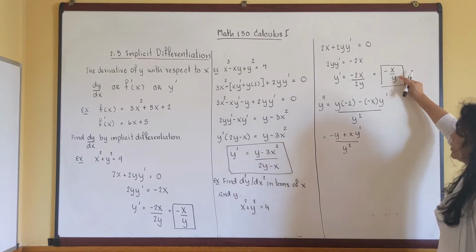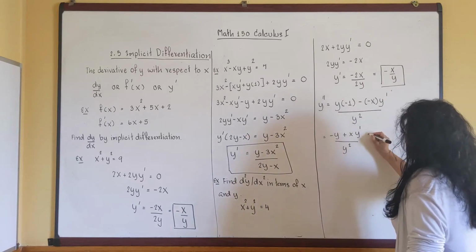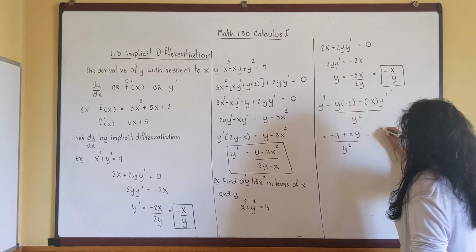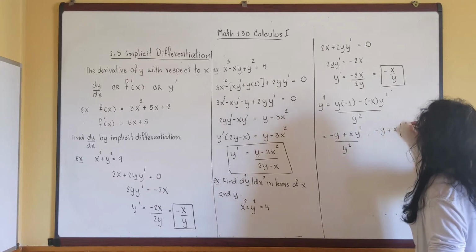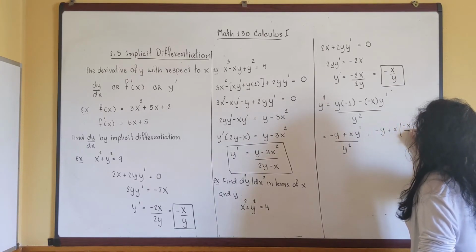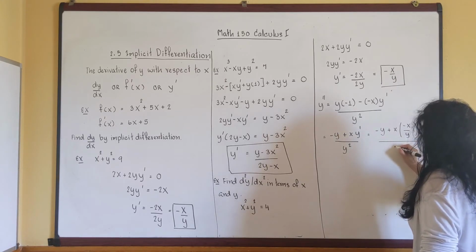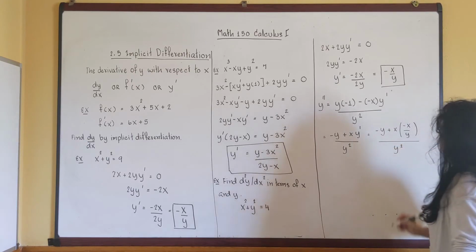Replace y prime by negative x over y. So I'm going to have negative y plus x times negative x over y, divided by y squared.